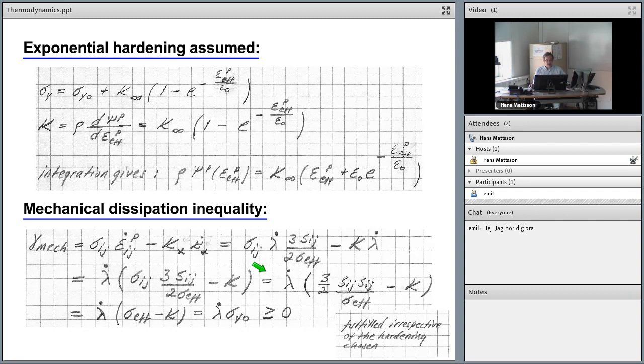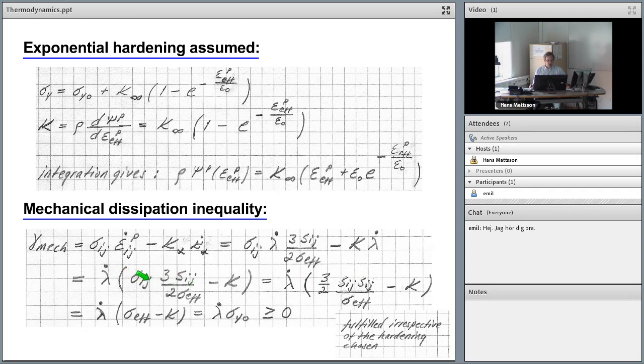And then you will see that by putting up that equation, you end up with this result here, because the first invariant of the deviatoric stress tensor SCE is equal to 0. You can try it yourself.